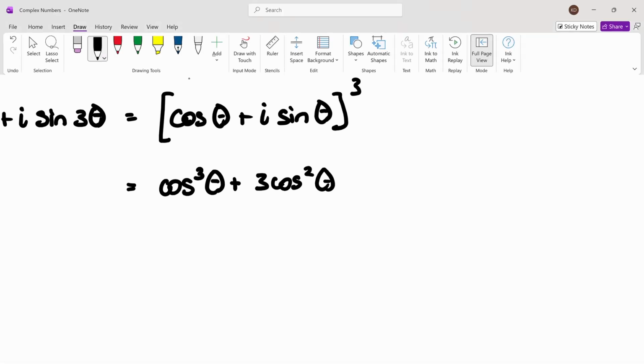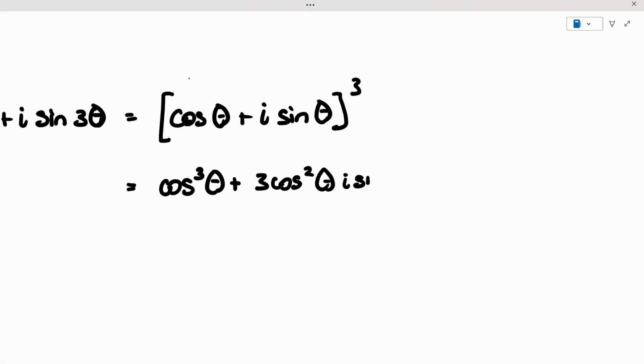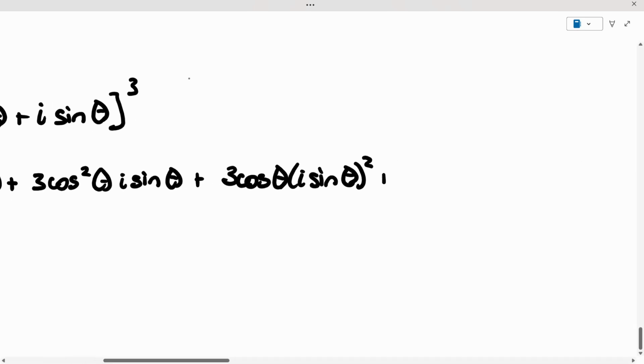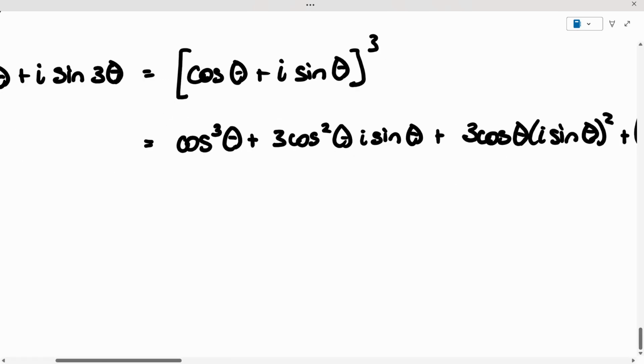plus 3 cos theta times i sine theta squared plus i sine theta cubed, right? So let's expand this now.